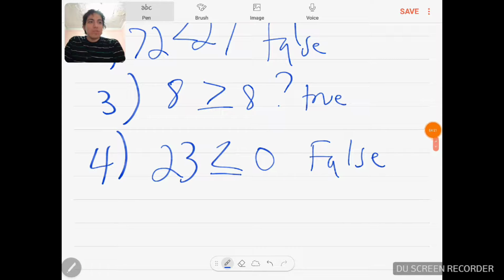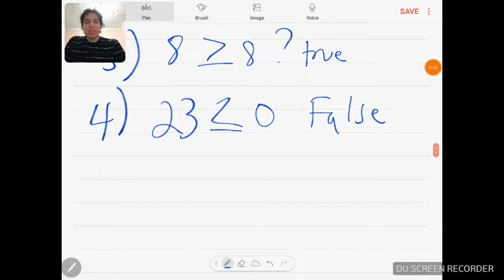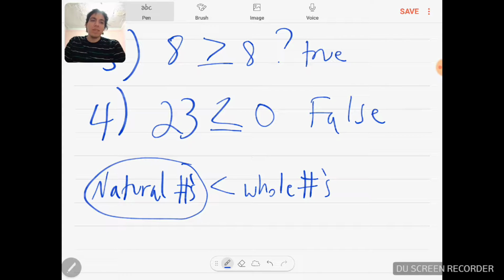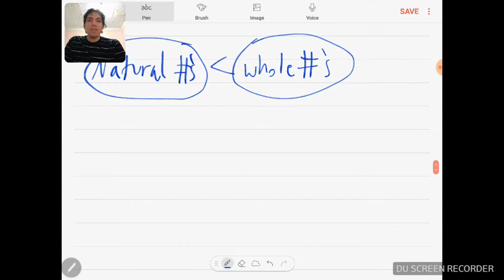So ideally what you can actually think about is this. If I took the natural numbers and I compared it to whole numbers, which one is bigger? Obviously the whole numbers, so natural numbers are always less than whole numbers. But ironically, there's a set bigger than both of them, and that's integers.